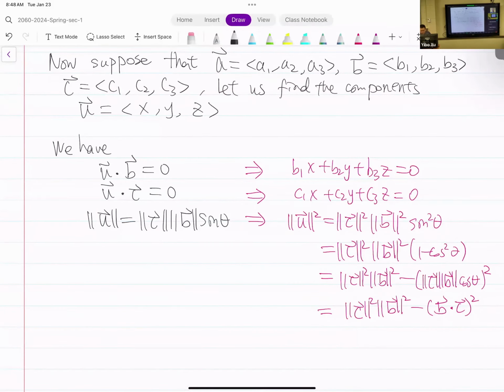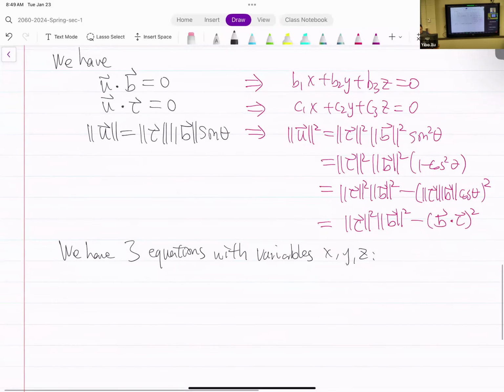So we have three equations with three unknowns x, y, z to be solved from the following equations.